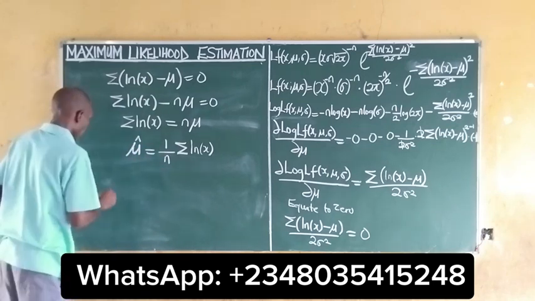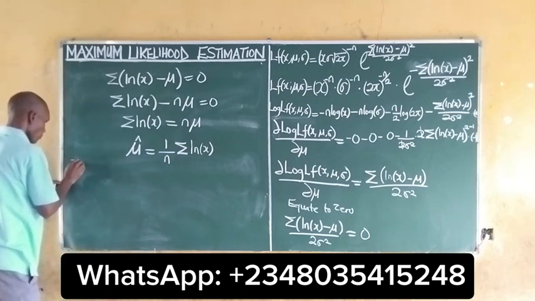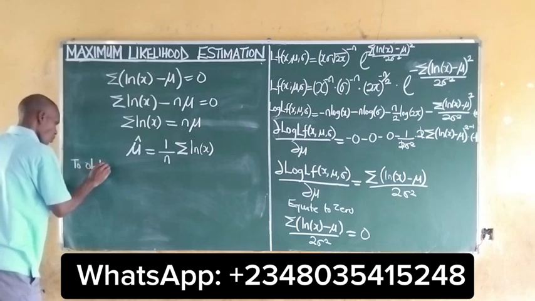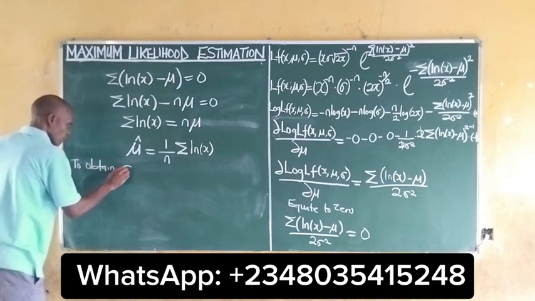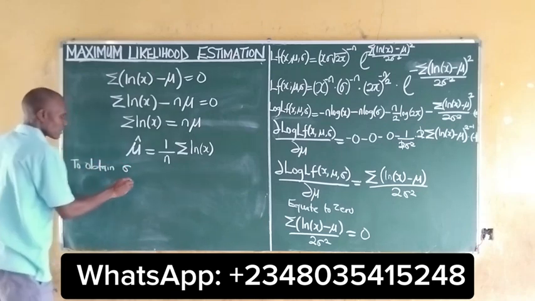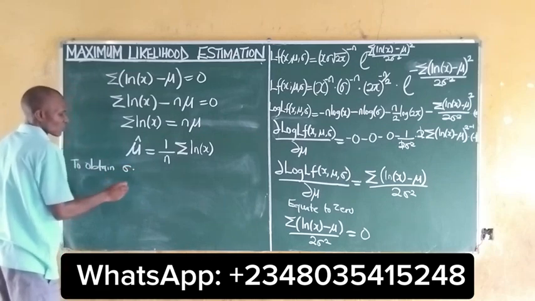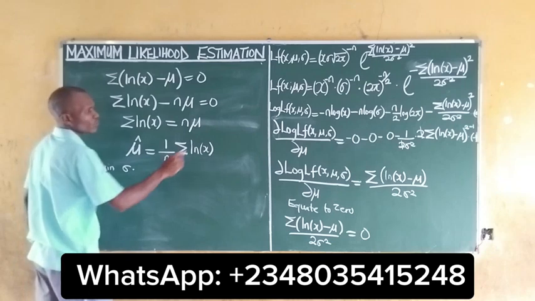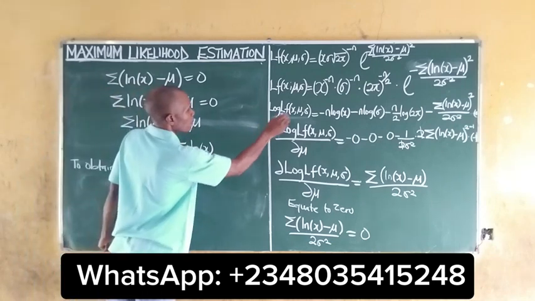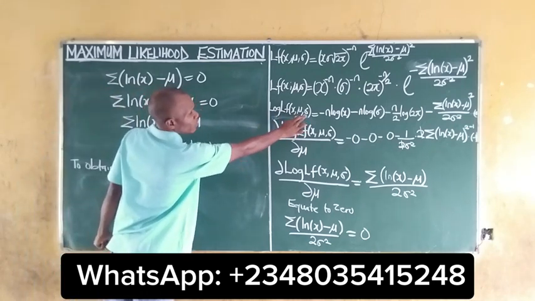Also, to obtain the sigma estimate, which is our variance, the next thing to do is to differentiate with respect to sigma from equation star.